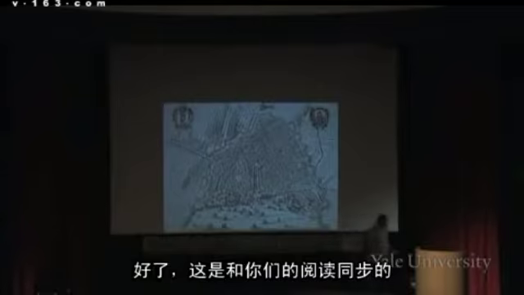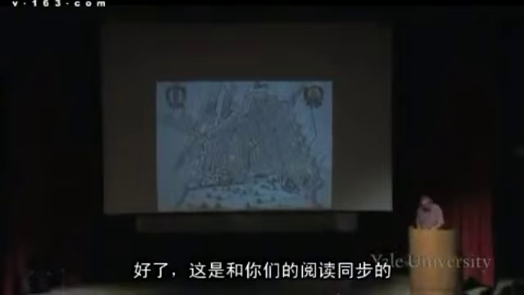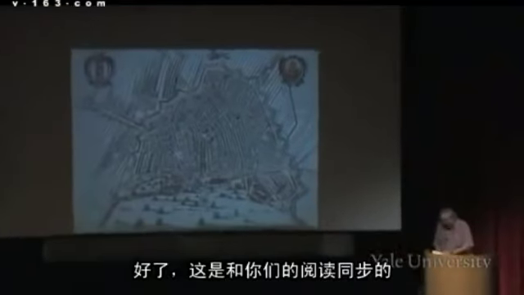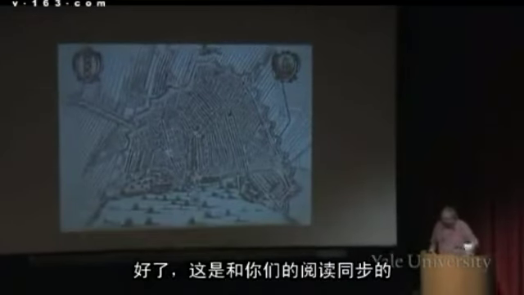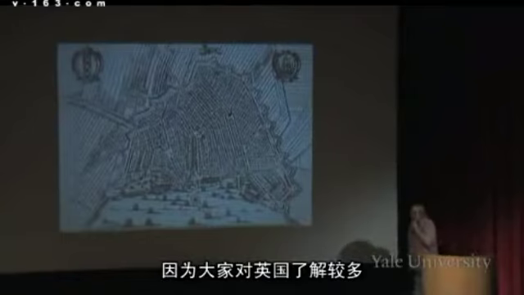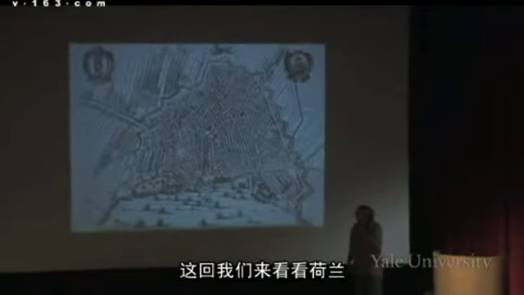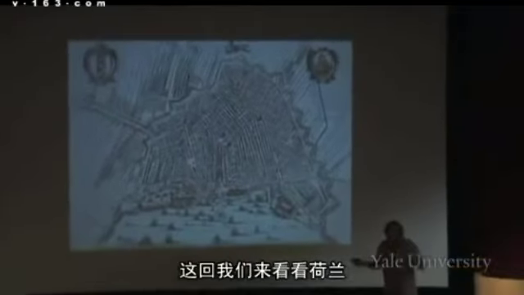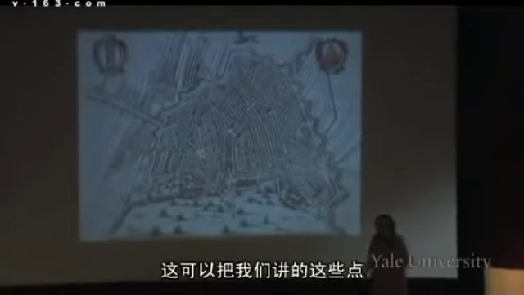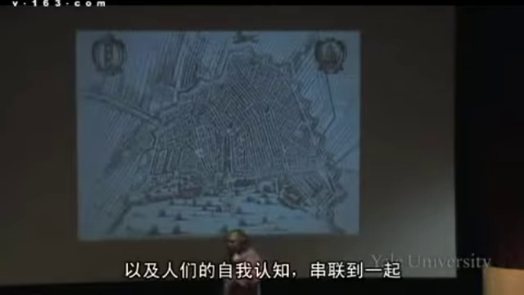Okay. Now let's, paralleling what you've been reading, let's look a little bit at the Dutch Republic, because people talk about England and Britain all the time, and so let me talk about the Dutch Republic, and this will kind of bring some of these factors together, along with the idea of what people thought they were.